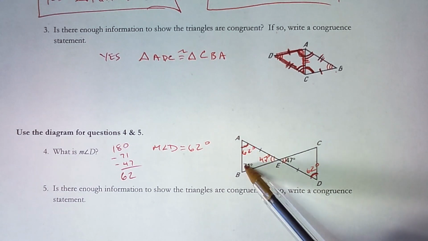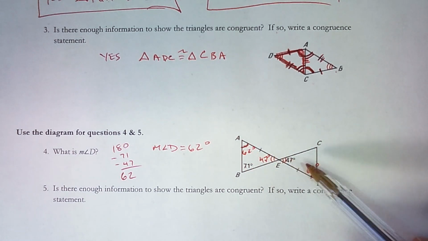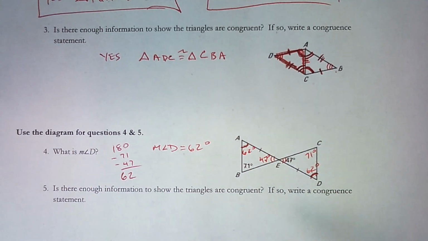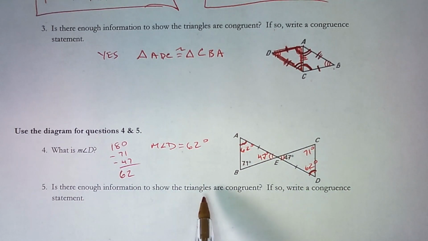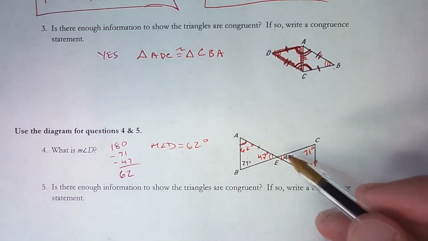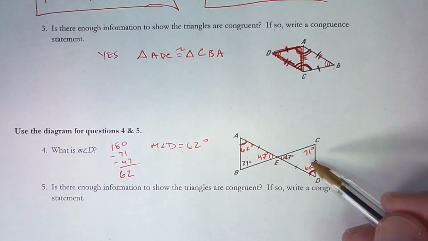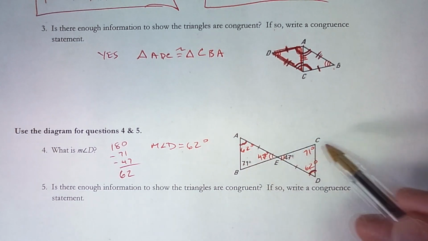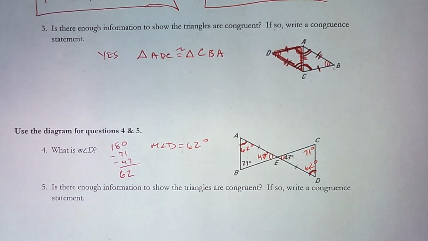So I've got a 47, 62, and 71, and this triangle is 47, 62, and that means this is also 71. So is there enough information to show that these two triangles are congruent? So I've got three sets of congruent angles. A pair of 47s, a pair of 62s, a pair of 71s. All three sets of angles are congruent.